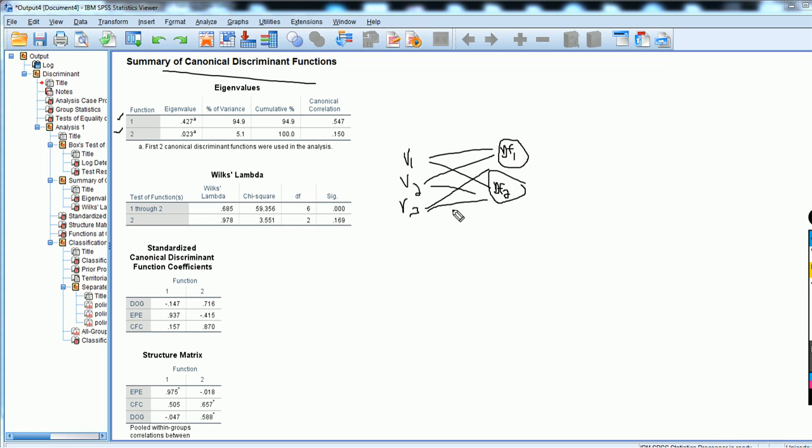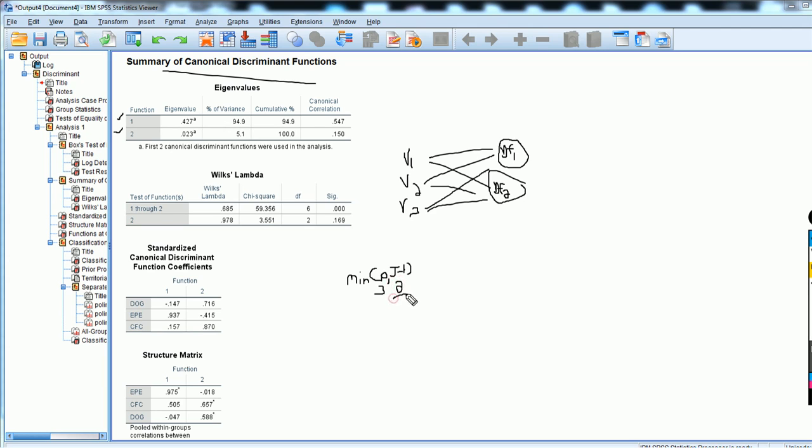The number of discriminant functions that can be derived from a set of predictors is equal to the minimum of the number of predictors, P, and the number of groups, J, minus 1. So whichever is the least. In this case, we had 3 predictors and 3 groups, so 3 groups minus 1 is 2.